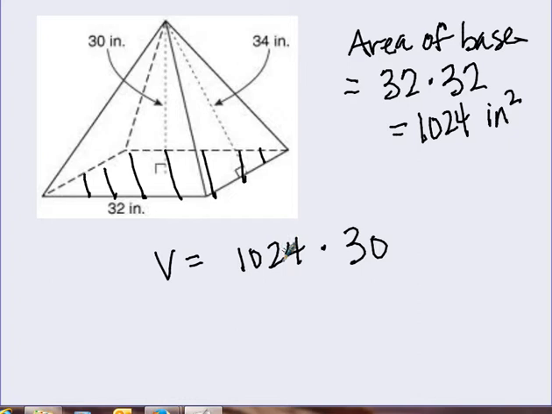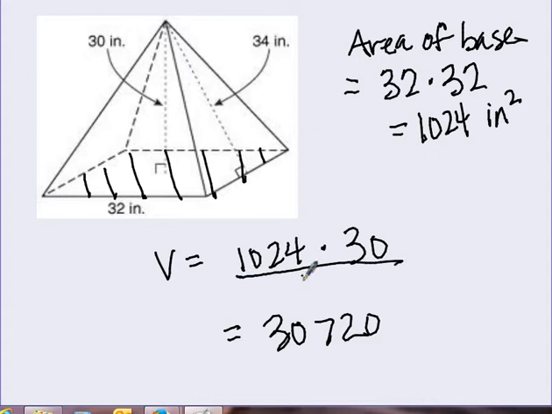So again, area of the base times the height of the pyramid. When I do the multiplication, I get 30,720. But I'm missing one thing. Because it's a pyramid, I need to divide the whole thing by 3.